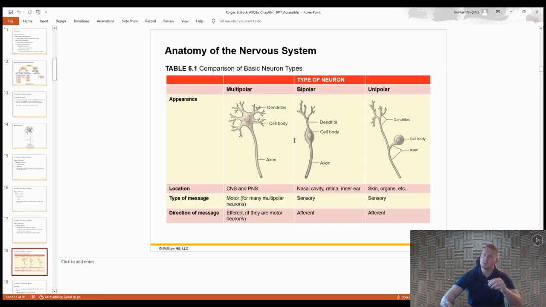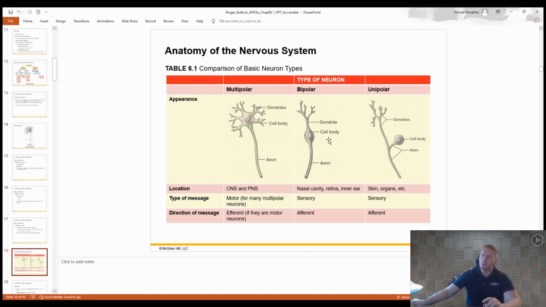Let me go down to this picture, it's easier. If the cell body is within the dendrites, if it is kind of centralized among the dendrites, then it's known as multipolar. And it's multipolar because the nucleus is taking in multiple polarization waves. It's able to maintain multiple impulses, right?